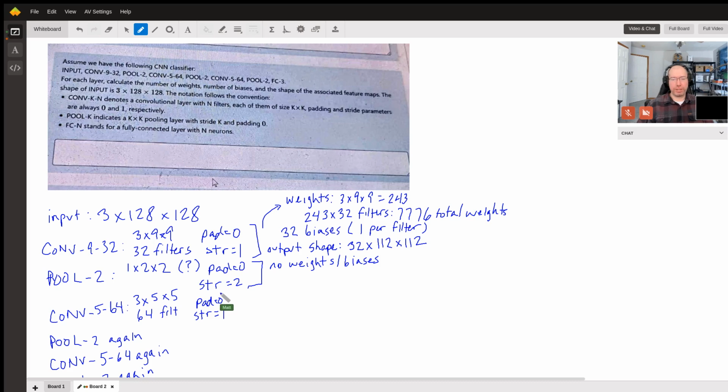So then you're calculating, presumably, if we're assuming it's a 1 by 2 by 2, and the stride is 2. So basically that's going to cut the dimensionality in half in each of those dimensions. So weights and biases, output shape.